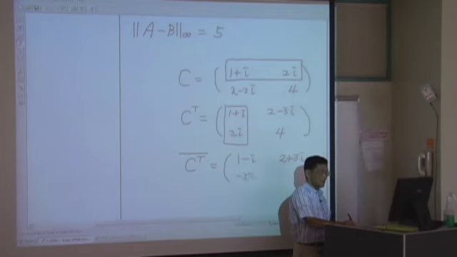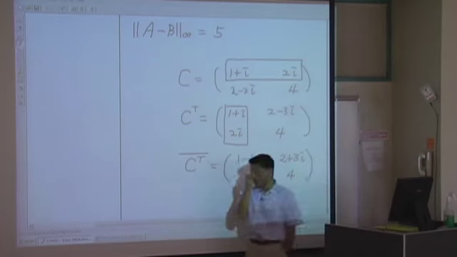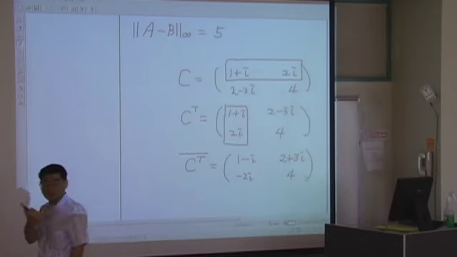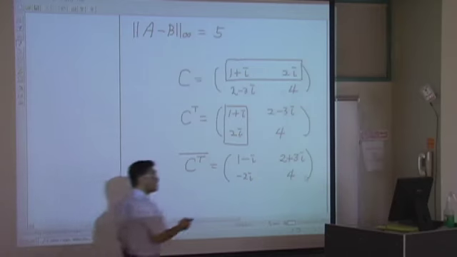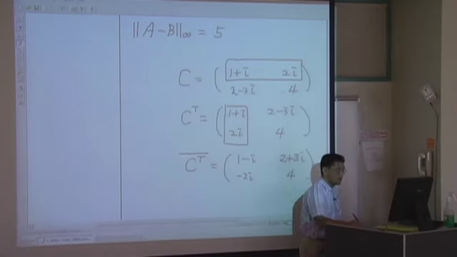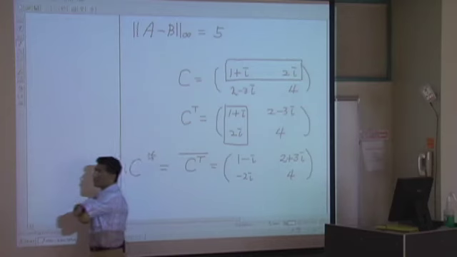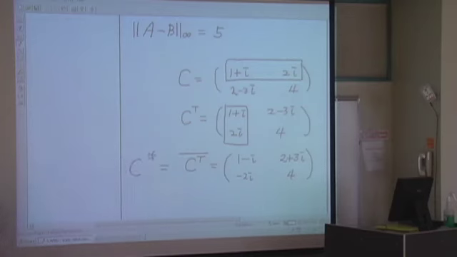Minus 2i. 4 does not change. So this is the conjugate, right? Any i becomes negative i. And in one notation, we use the star. This is the star expression: the transpose of a complex conjugate.